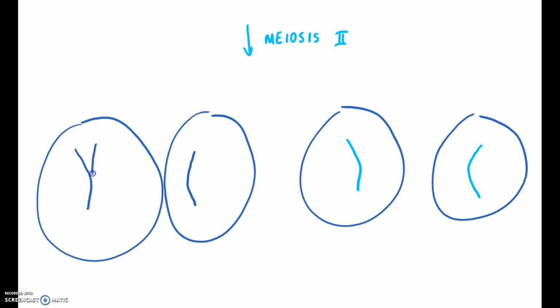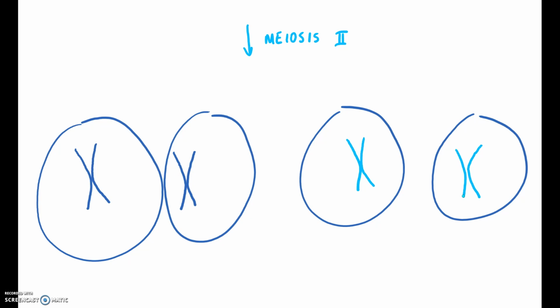So this will now become a complete chromosome. This will now become a complete chromosome. This will now become a complete chromosome, and this will now become a complete chromosome. And that's how we have haploid cells with, in the case of humans, 23 single chromosomes from a diploid cell of 23 pairs of chromosomes.